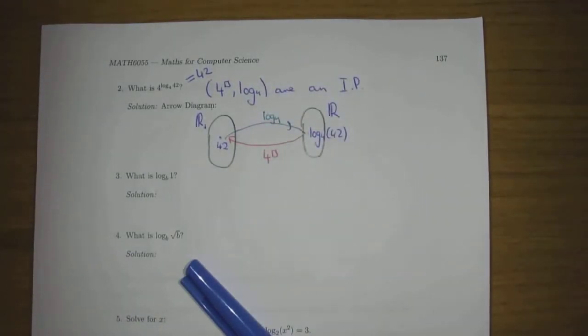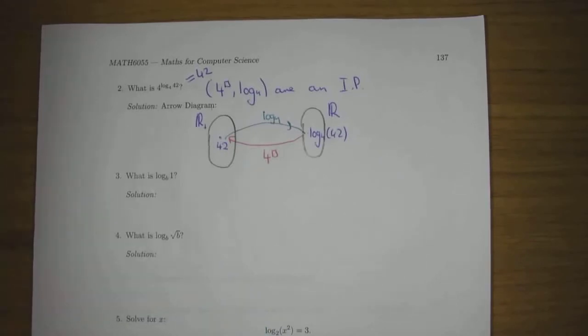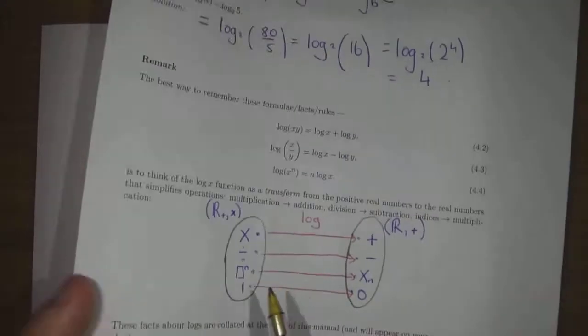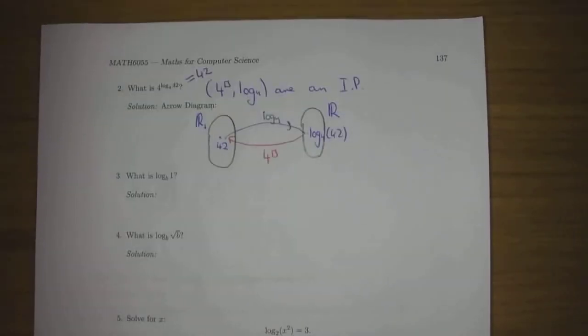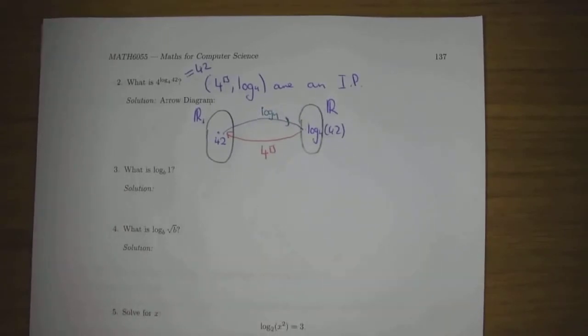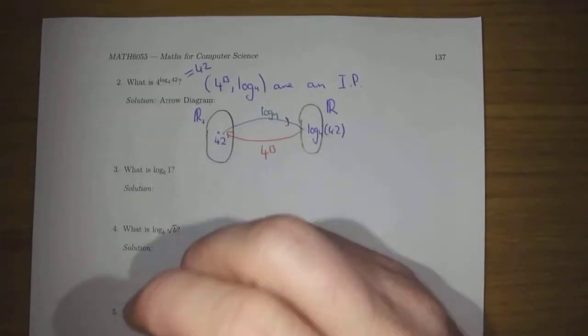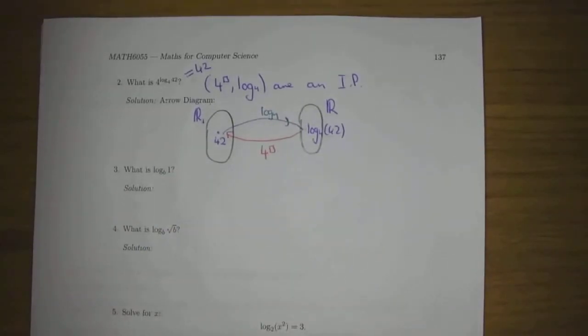Log base b of 1. If you want, you can think of this as, probably too difficult, but 1 is to multiplication as 0 is to addition. But I'd say probably the best thing to do here is, there's two options. We'll look at both of them.